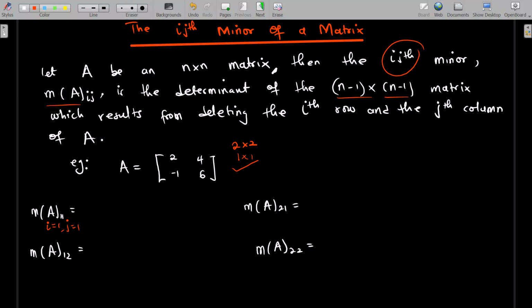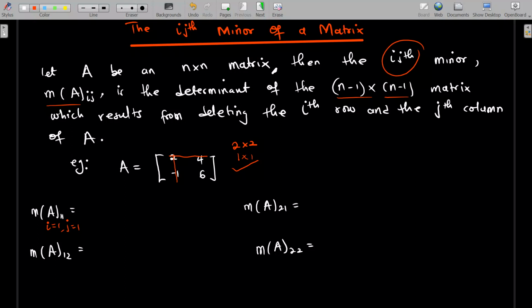And already in our first intro lesson, you know how to find the determinant of a 1 by 1 matrix. So the minor of A11 is going to be deleting the first row and then deleting the first column, the ith row and the jth column of the matrix.